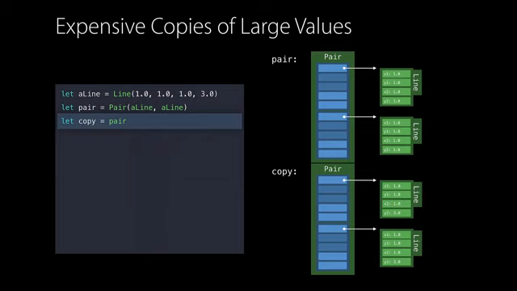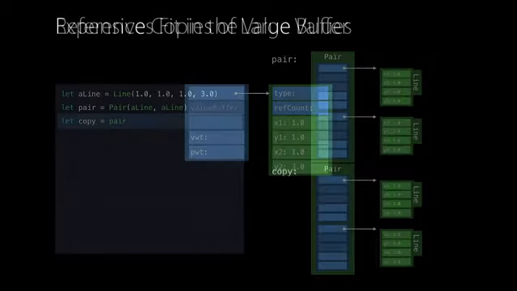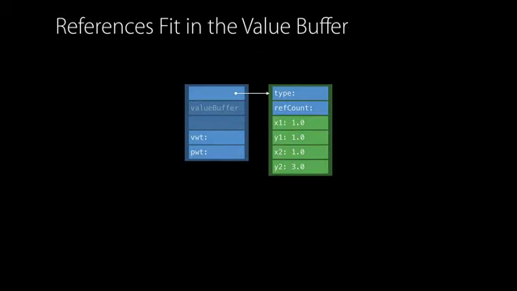Well, remember our existential container has place for 3 words, and references would fit into those 3 words because a reference is basically 1 word. So if we implemented our Line instead with a class, and classes have reference semantics, so they're stored by reference, this reference would fit into the value buffer.